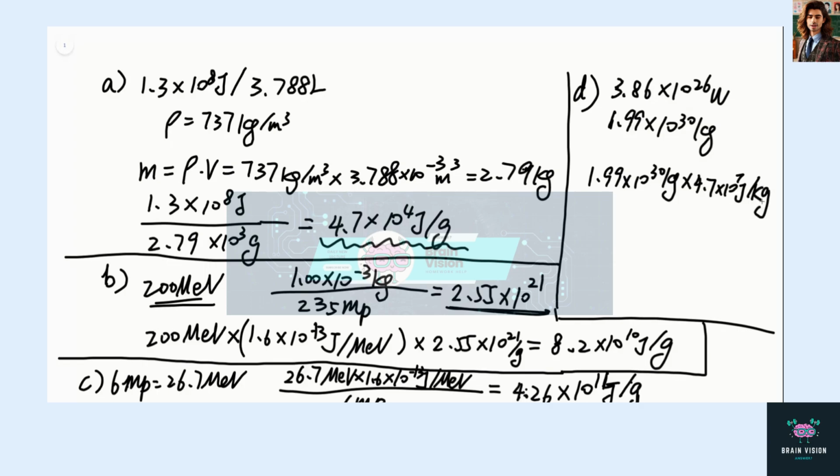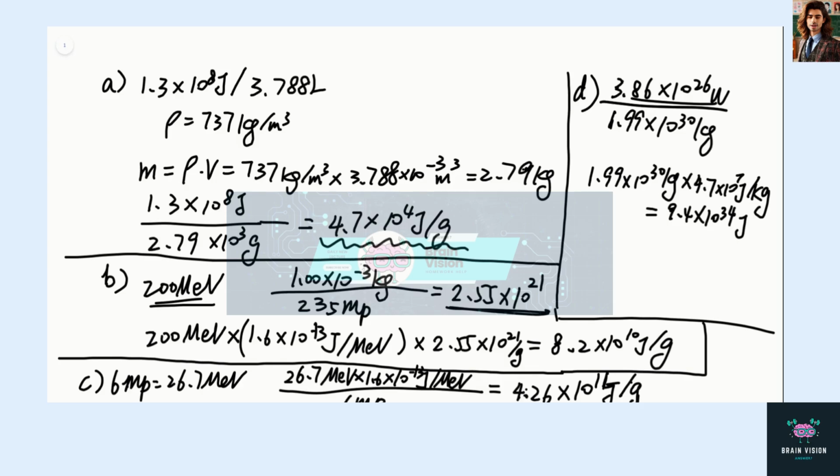Because here we have per gram, for per kilogram we just change 10 to the 4th to 10 to the 7th. So the entire sun is able to produce an amount of energy of 9.4 times 10 to the 34 joule. This is the total amount of energy, and it's producing energy at a rate of 3.86 times 10 to the 26 watt.